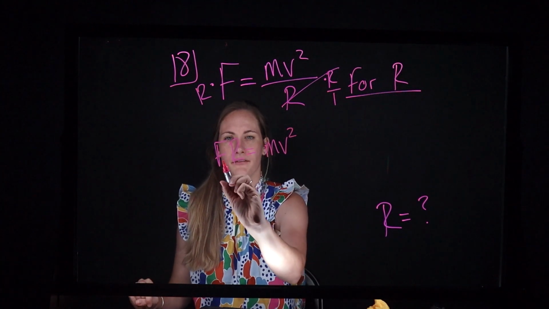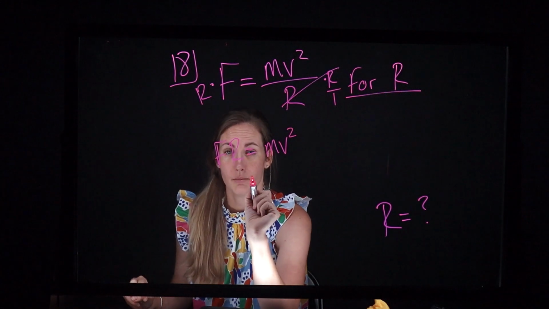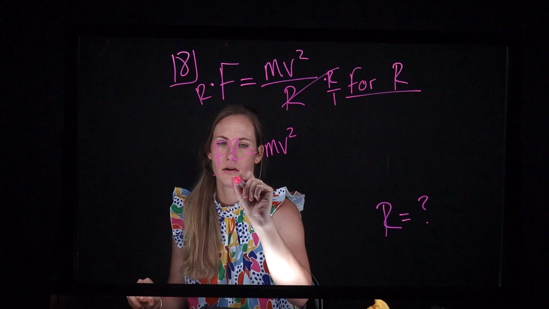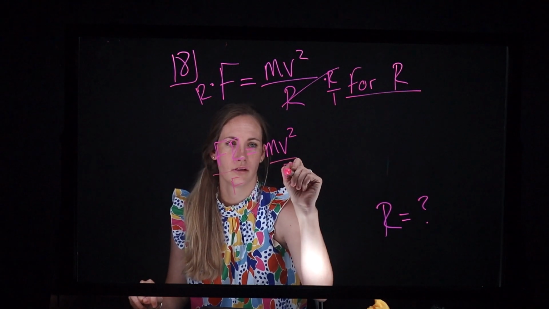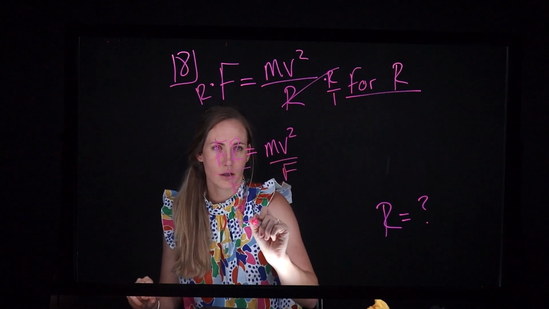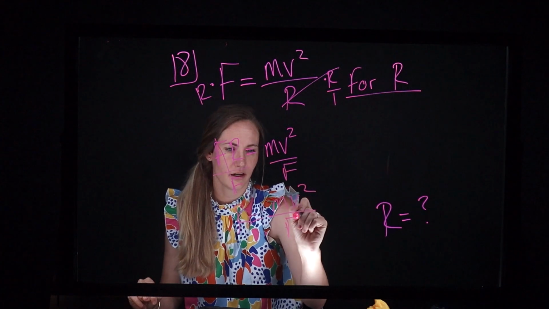So here I have f times r, opposite of multiplication is division, but since I'm wanting it to be r equals, we need to divide by f. Then anything divided by itself is 1. So r equals mv squared over f.